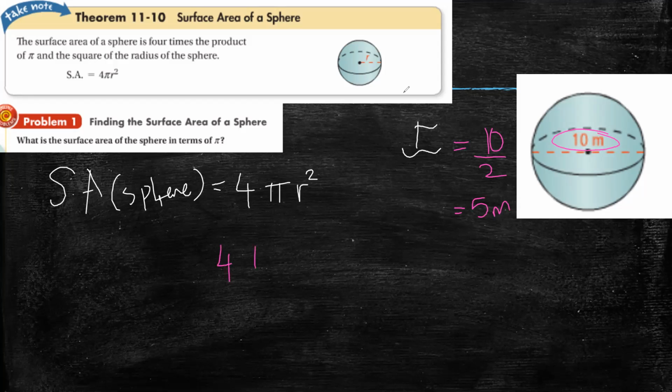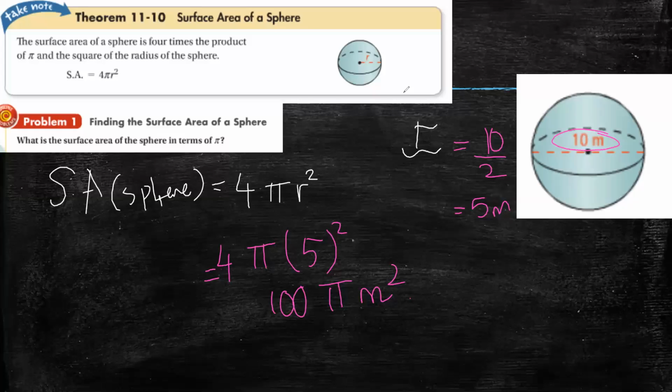Then substituting, 4π times 5 squared, 25 times 4 is 100π meters squared. This is how we find the surface area. To find the surface area of the sphere, I only need the radius.